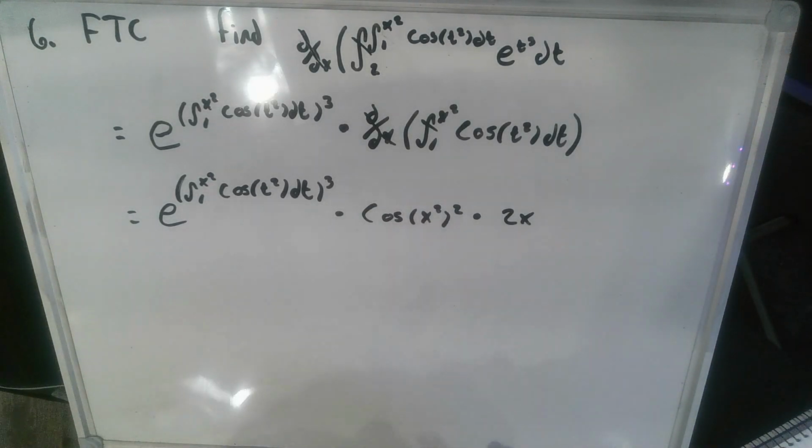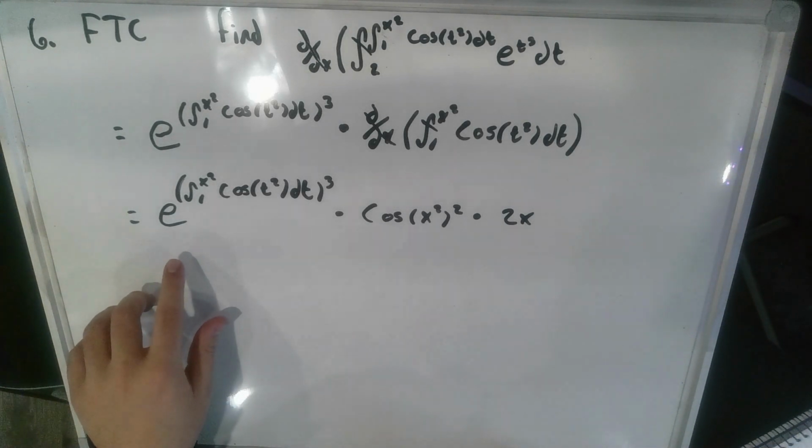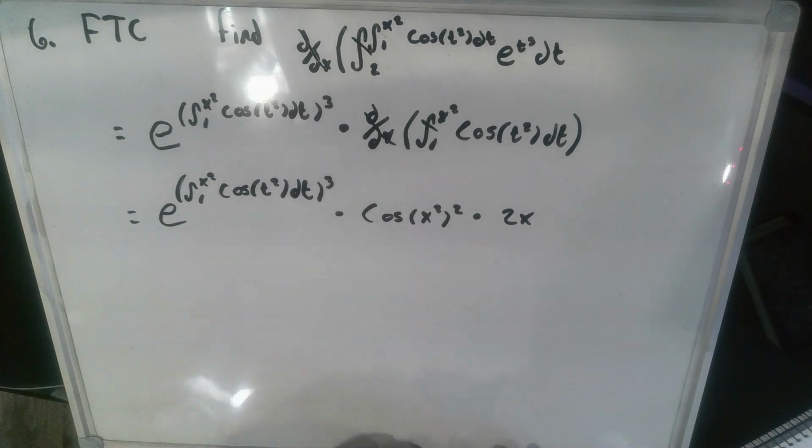So the final answer is e raised to the integral of 1 to x squared of cos t squared dt, all cubed, times cos x squared squared again, times 2x.